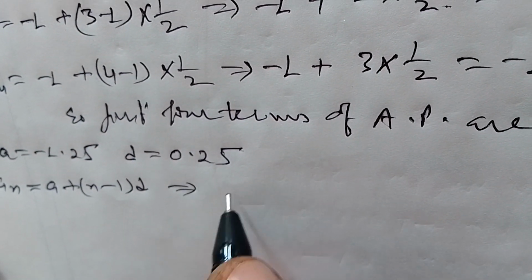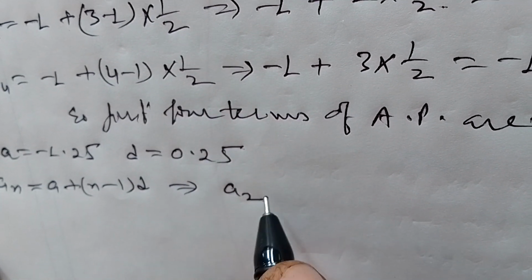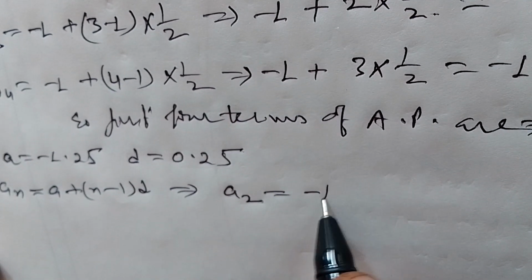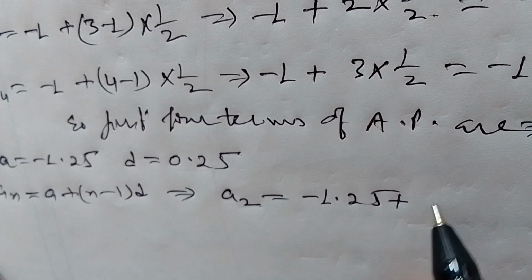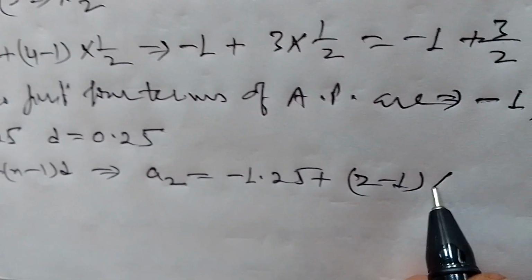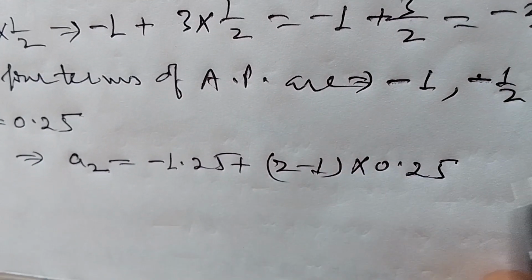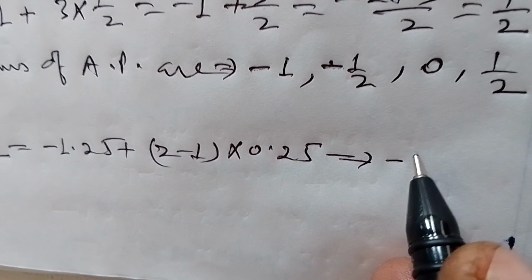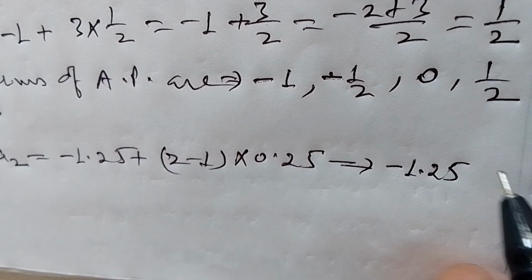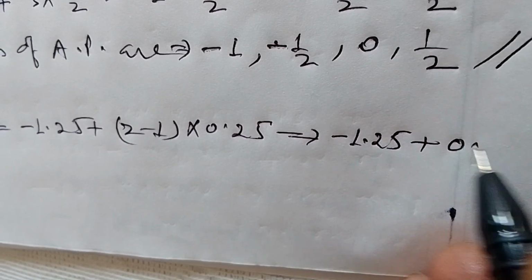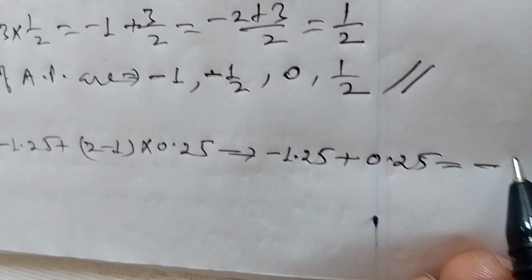To calculate a2, we will use a1, minus 1.25 plus 2 minus 1 multiplied by 0.25. It comes out to be minus 1.25 plus 1 multiplied by 0.25.